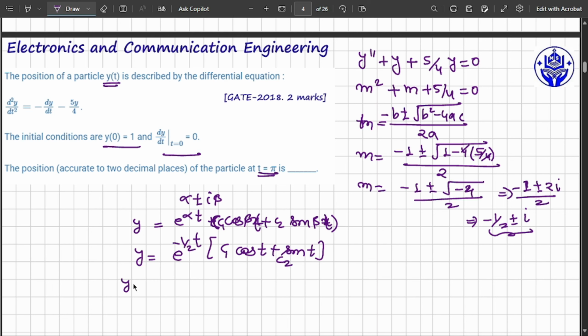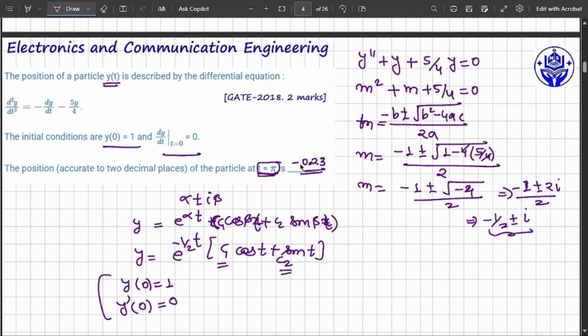Now if you put y of 0 equals 1 and y dash of 0 equals 0, then you will get c1 and c2, and after that you will get t equals pi, and that will be minus 0.23. So this will be the solution for this.